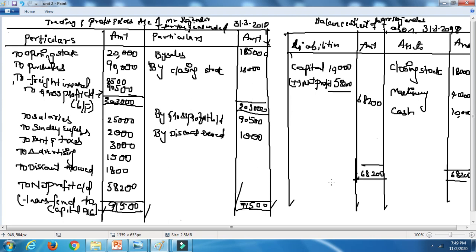Okay, so this is very important, and it's a compulsory question every time he asks. As you all are from an engineering background, he will not ask complicated questions, only very simple ones. You just need to know which item will come where. As I said, all manufacturing related items will come in the trading account. The opening stock, purchases, freight, closing stock, such things will be asked in the trading account.